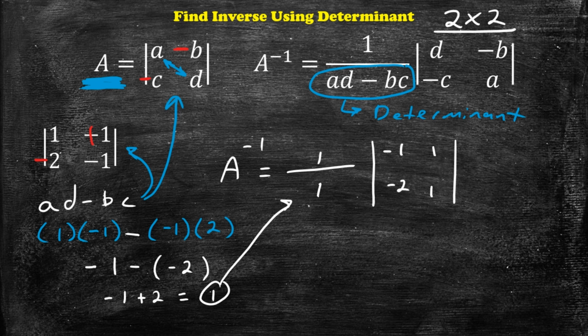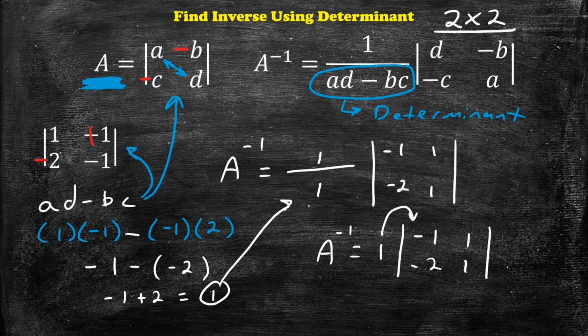All right, continuing on, the inverse is going to be equal to 1 times our matrix, which is -1, 1, -2, 1, like that. And you have to distribute this number on the outside to everything within the matrix.